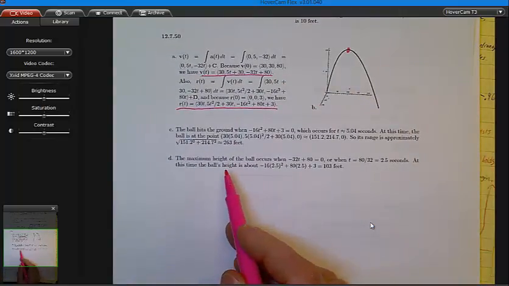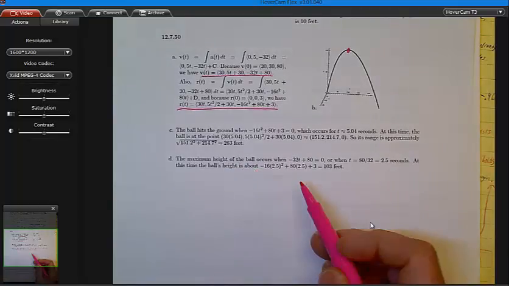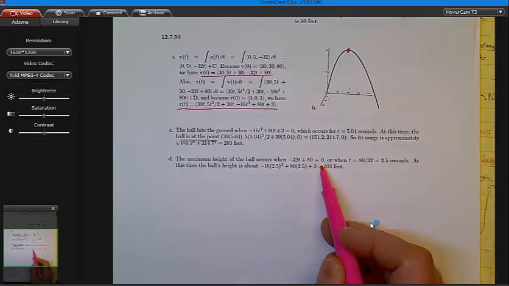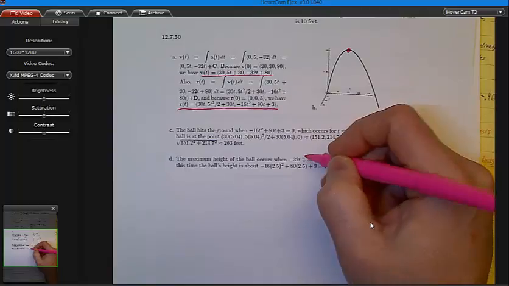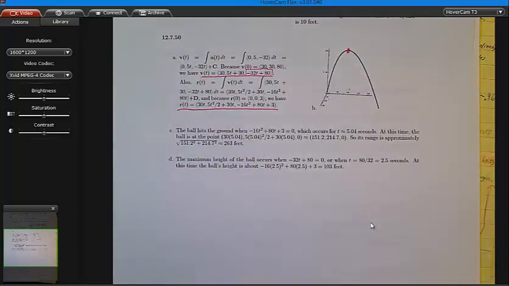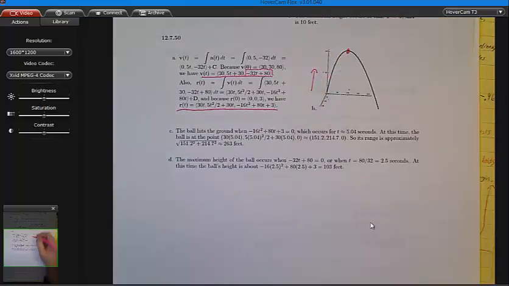Right, so the question is, when does the maximum height of the ball occur? And they say, well, it's when negative 32t plus 80 equals 0. So where did they get that from? Okay. It looks to me like this is the z coordinate of the velocity, right? And so what they're saying is, look, the ball is going up.